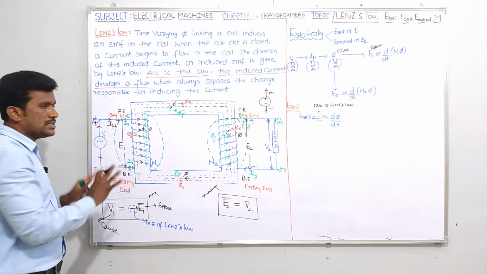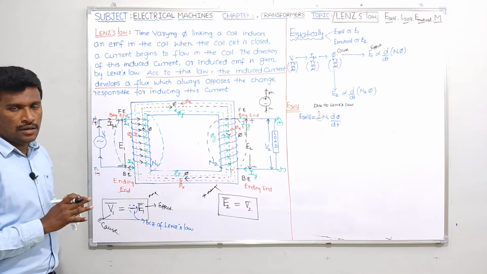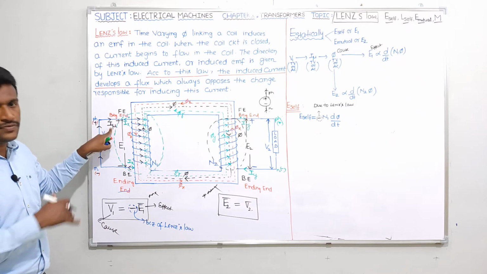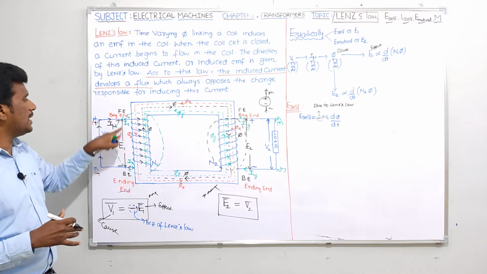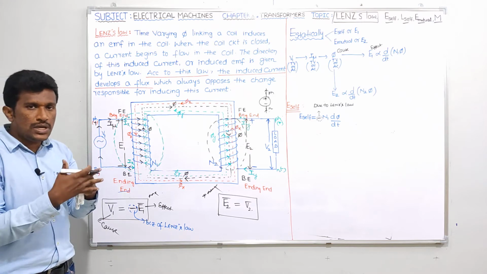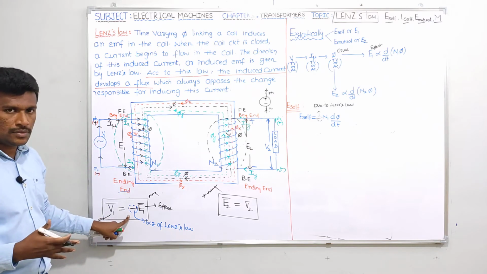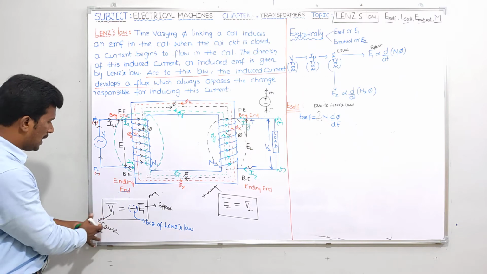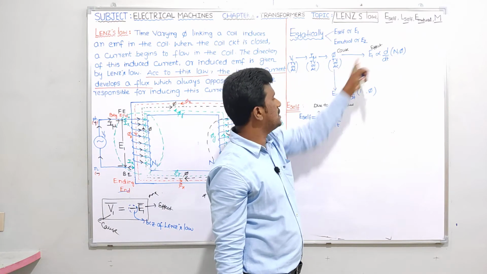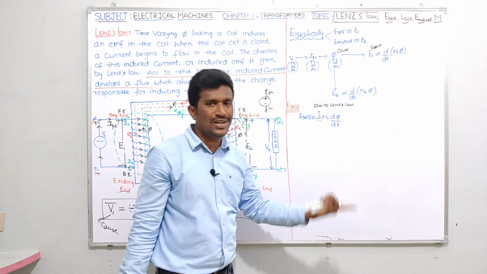Generally V1 equals E1 is the equation we will get. But because of V1 we got I mu in the previous video, and because of E1 we got Ix. This Ix opposes I mu. To show that opposition, we show this minus symbol. In that discussion V1 is cause, E1 is effect. And in this discussion, phi is cause, E1 is effect. Yes, I can show the minus symbol. It's due to Lenz law only.